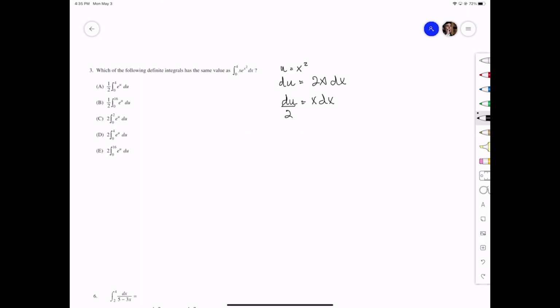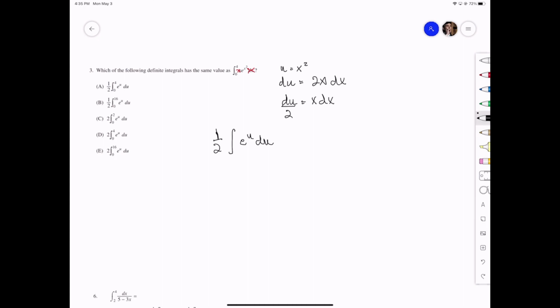So we can rewrite this as e to the u du times 1/2, because you take out the x and the dx and replace them with du over 2. And then the x squared is just replaced with the u.